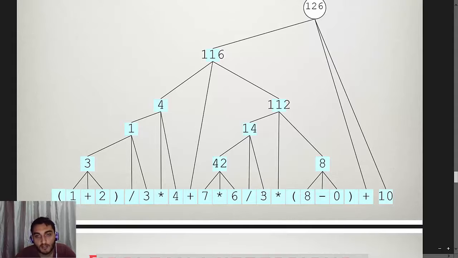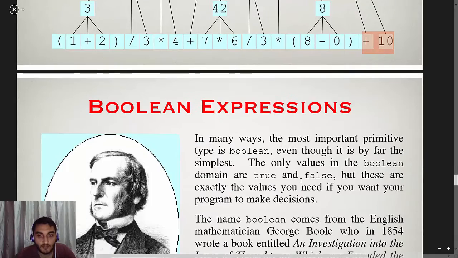After that the division and then multiplication in parentheses, and then after the multiplication is finished, just add again 10.